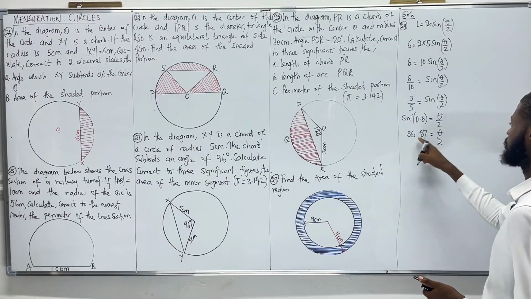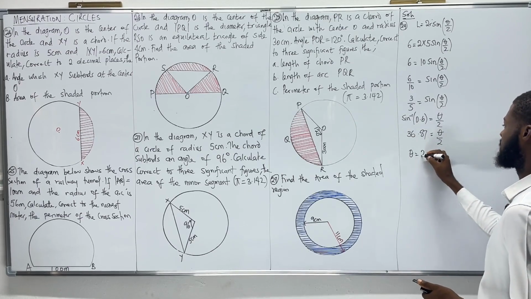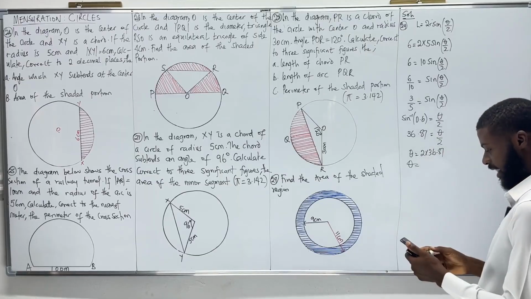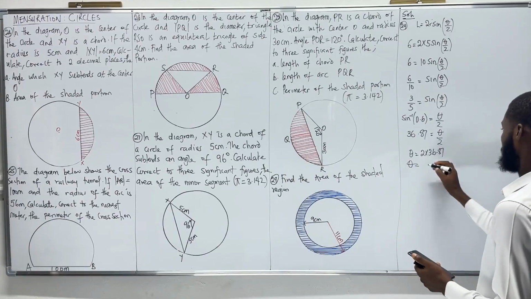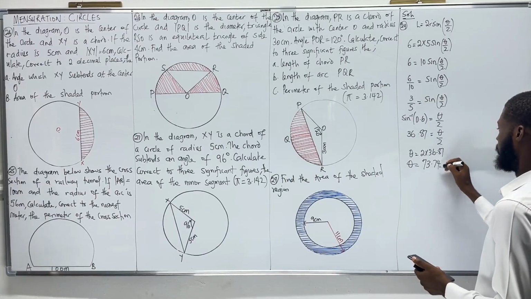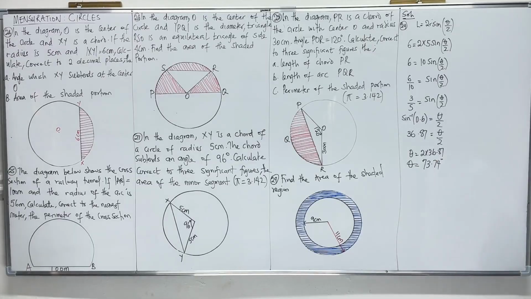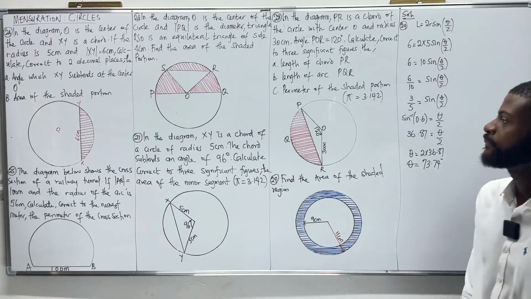So to get theta, we need to multiply by 2, or you could say cross multiply. So theta is 2 times 36.87, which is 73.74 degrees. It says correct to 2 decimal places. All right, so that will be the answer. That is the angle subtended at the center.